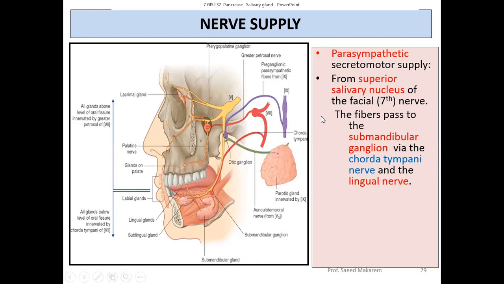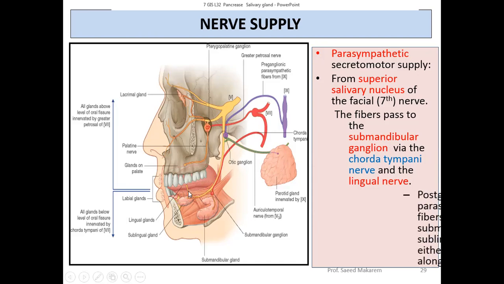Here this is the lingual nerve, and here is the chorda tympani. The fibers pass through the submandibular ganglion via the chorda tympani branches and then through the lingual nerve.